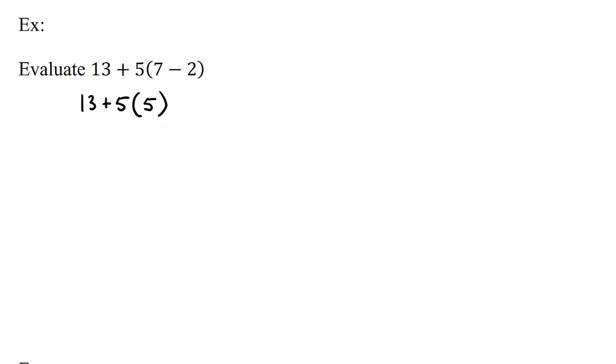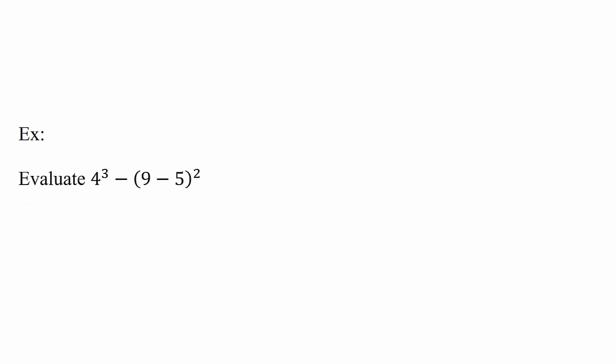Now, when you see two numbers directly next to each other, and one or both of them are in brackets, there is a hidden multiplication symbol there. So that's going to be 5 times 5. I'm going to do the multiplication next because that comes in order before the addition. So this is going to be 13 plus, and 5 times 5 is 25. And now finally, I'm going to do my addition, and 13 plus 25 is going to be 38.